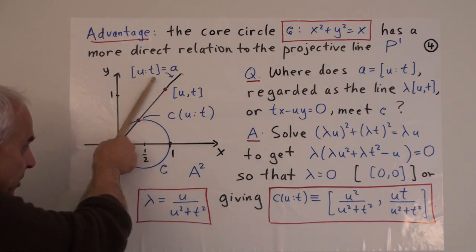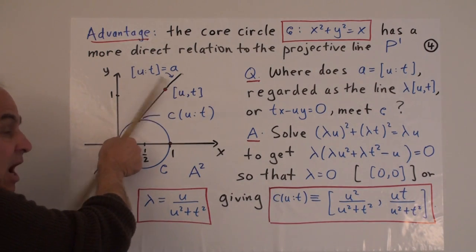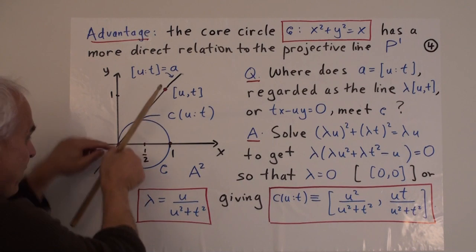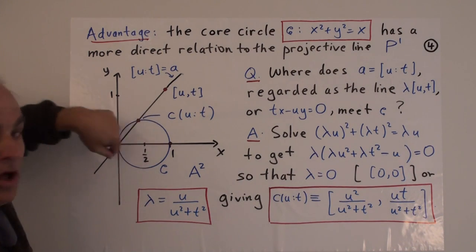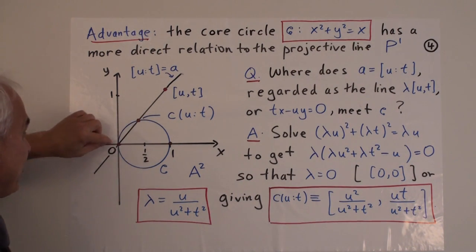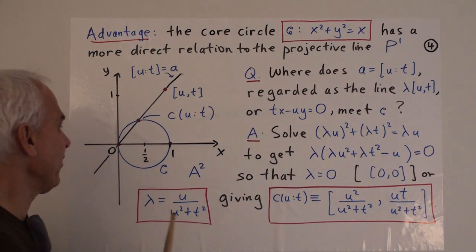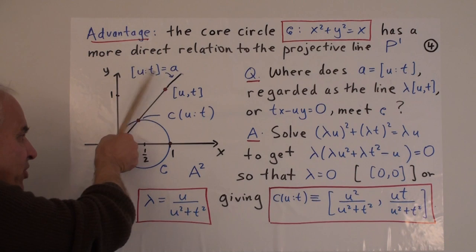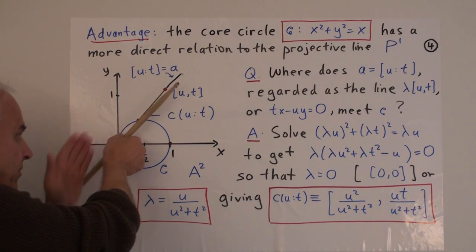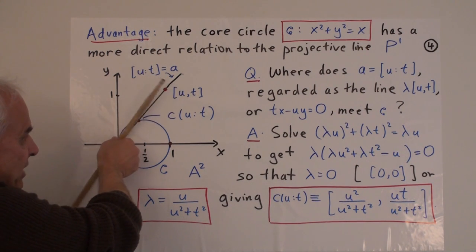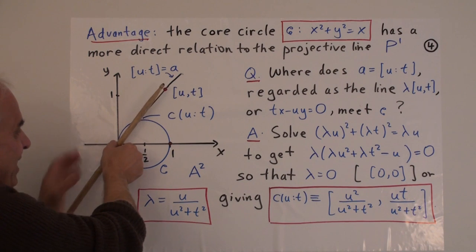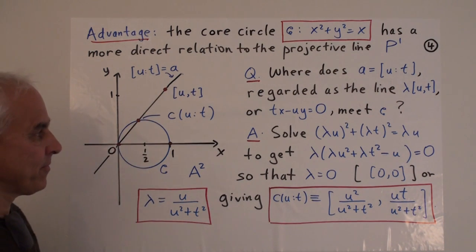Because if we visualize our projective line as lines through the origin here, then the origin happens to be a point on the circle rather than the center of the circle. That makes a big difference in terms of the way the projective line, these one-dimensional subspaces of our affine plane, interact with the circle.